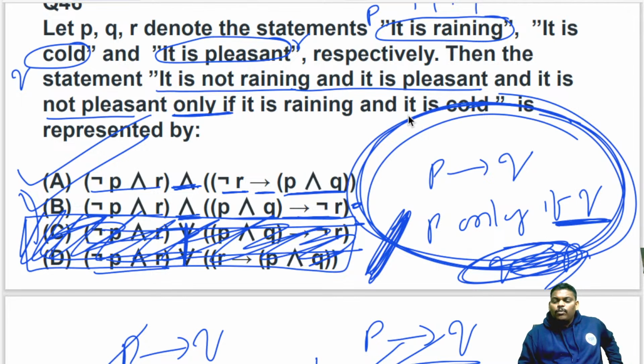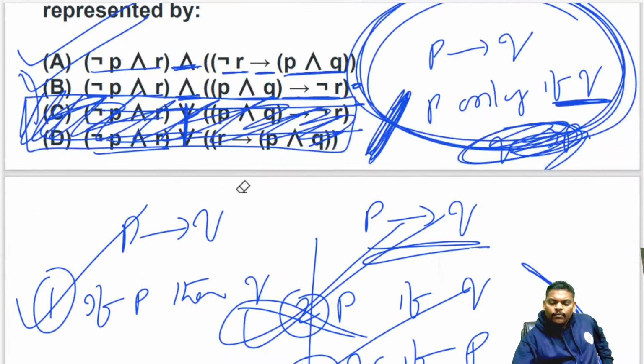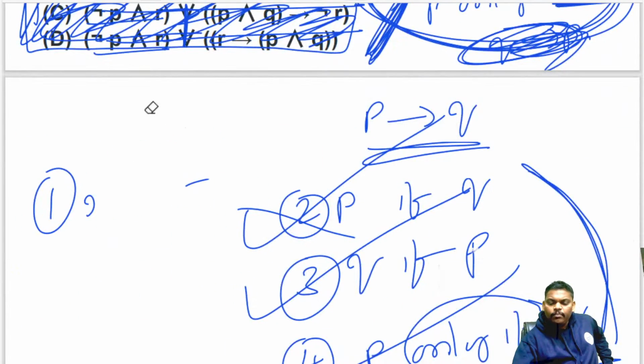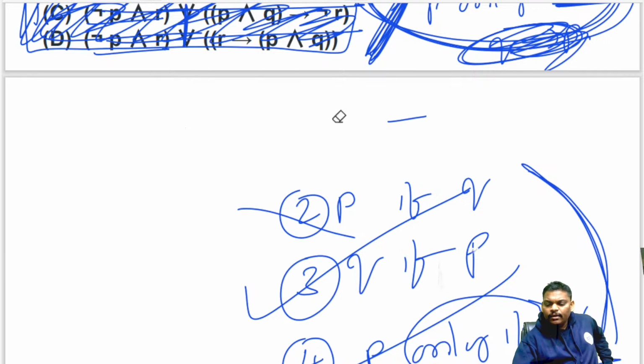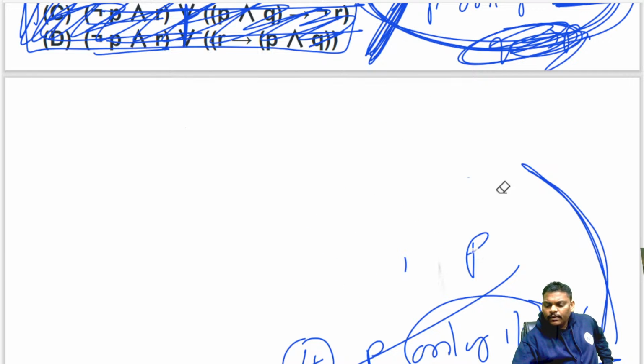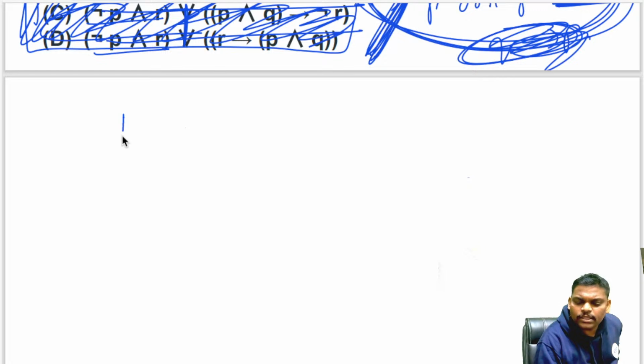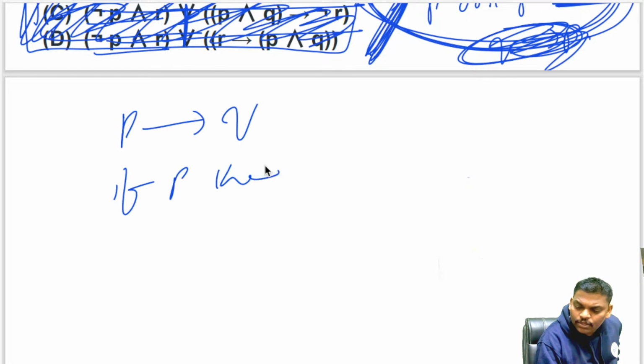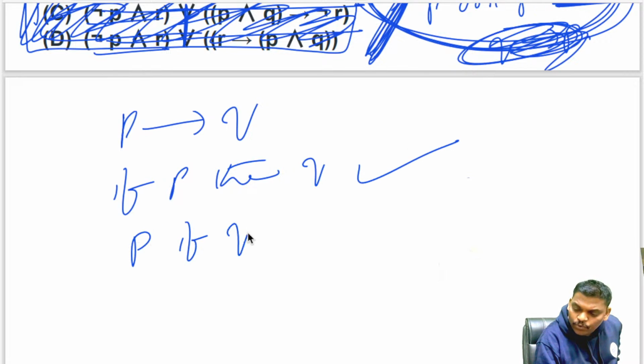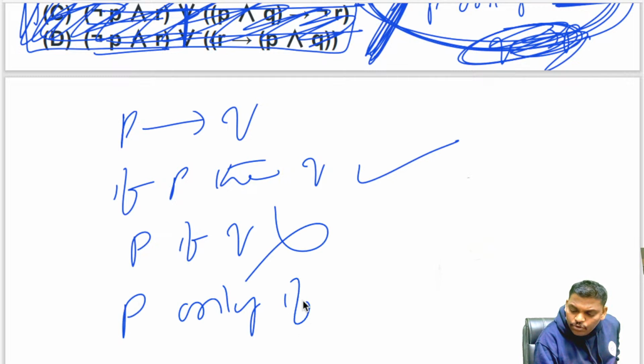Fine, can we move to the next problem? From this problem, please remember: P implies Q has so many ways of writing. Please see the class notes one time. I cannot say all the things here; if I keep on with one problem only, I can say. Just from this problem, remember one thing. P implies Q, if P then Q. So P if Q is wrong. P only if Q, it is right.